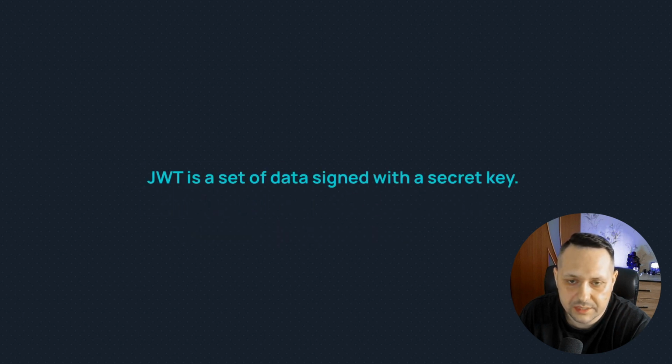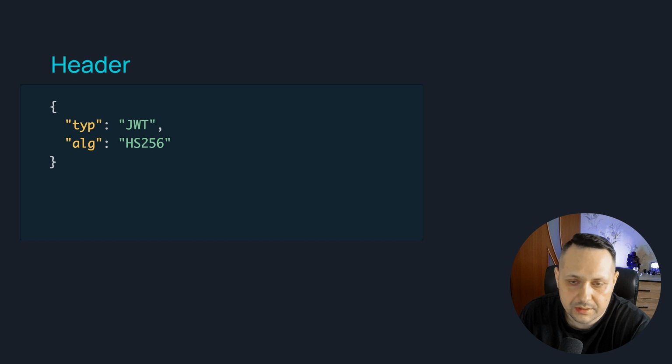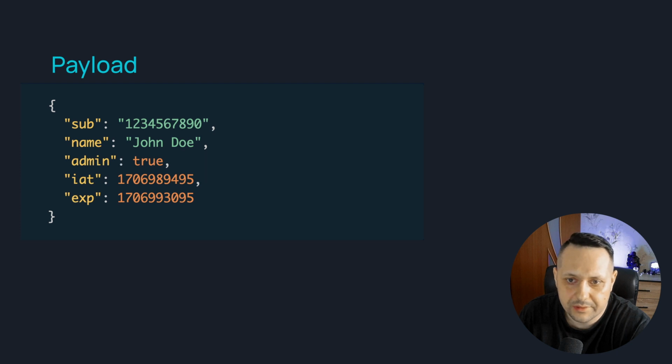JWT is a set of data signed with a secret key. The data usually consists of two parts. First, the header typically contains the token type and sign-in algorithm. Second, the payload, carrying codification and additional data, often including the user's ID, role, permission, and token expiration time.